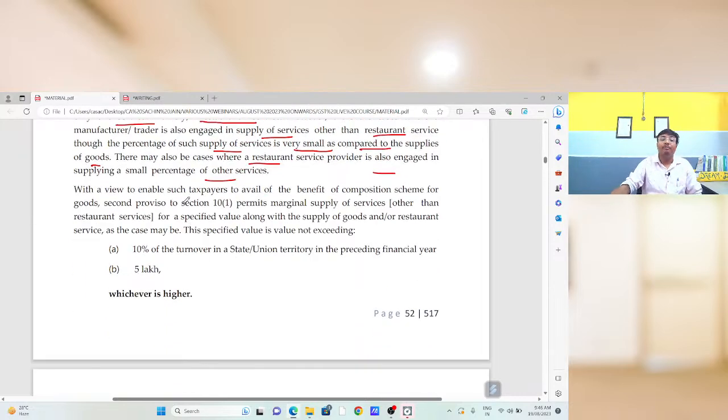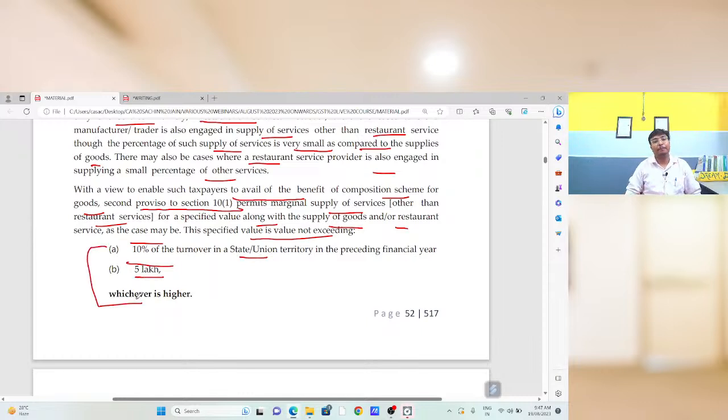In that case, with a view to enable such taxpayer to avail the benefit of composition scheme for goods, second proviso to section 10 subsection 1 permits marginal supply of service other than restaurant services for a specified value along with the supply of goods and restaurant, as the case may be. The specified value cannot exceed 10% of the turnover in the state, union territory, or 5 lakh rupees, whichever is higher.